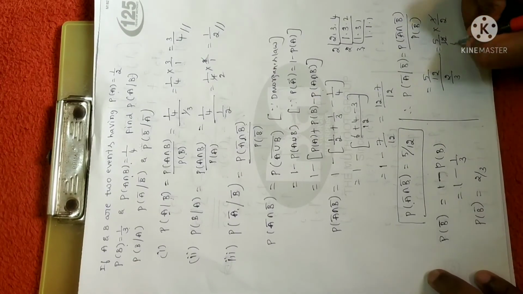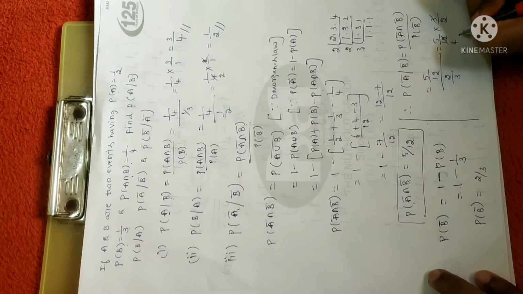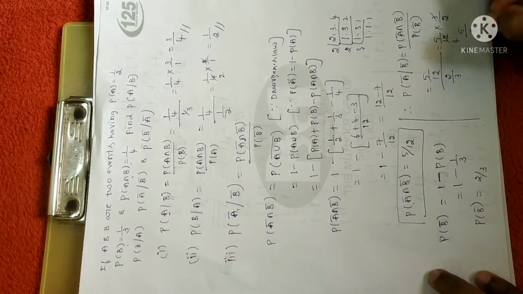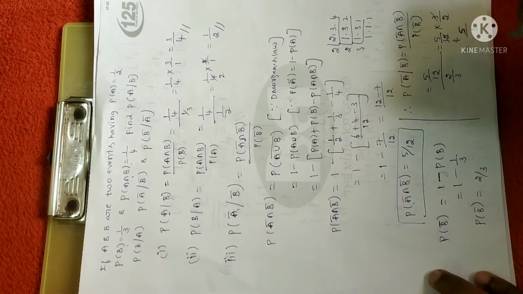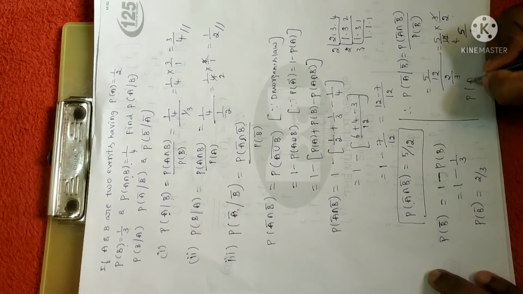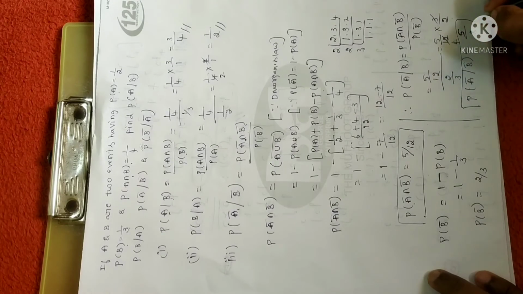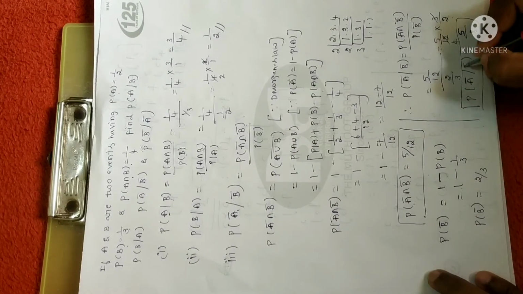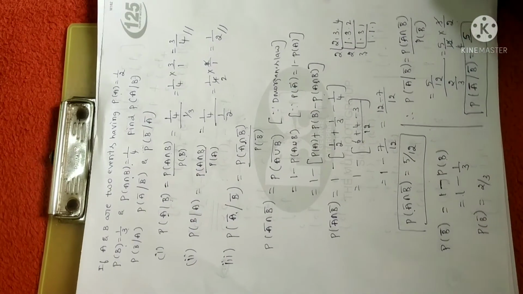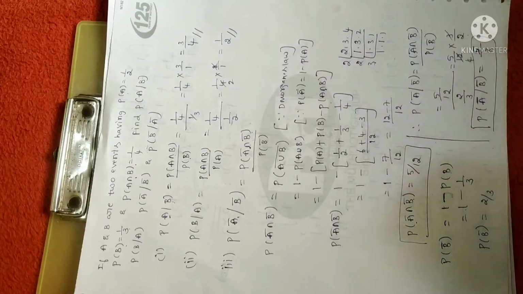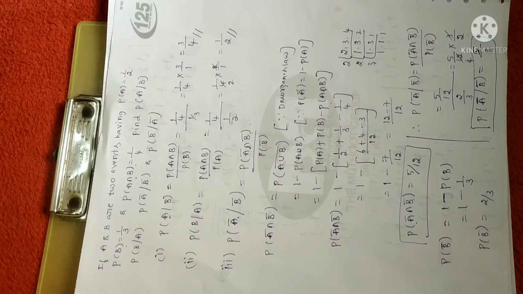So 3 ones are 3, 3 fours are 12. Again that's 5 by 4 twos are 8. So it is 5 by 8. Therefore probability of A bar with reference to B bar is equal to 5 by 8. It is A bar, it is B bar. Clear? The only thing is that unknown terms we have to calculate by using the properties. Hope it is clear.